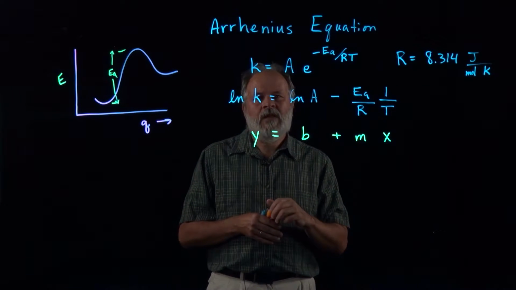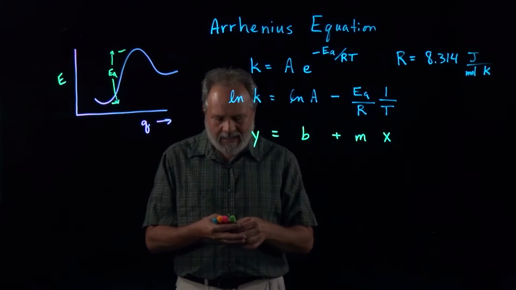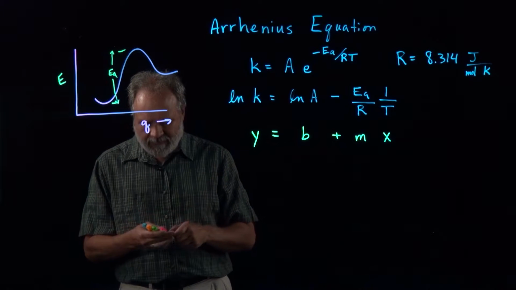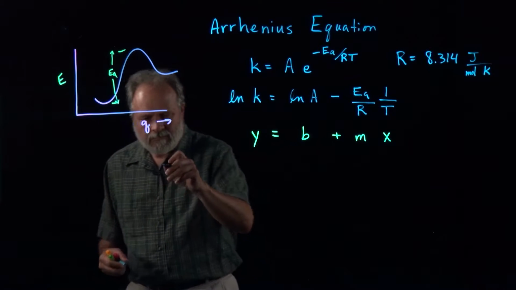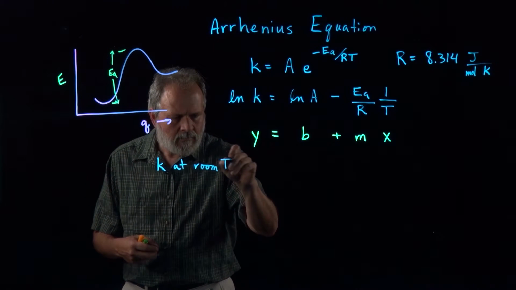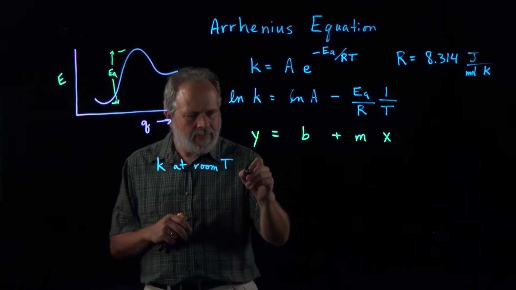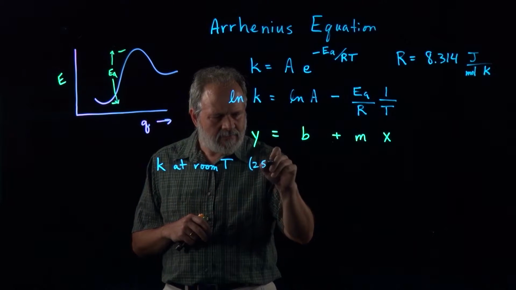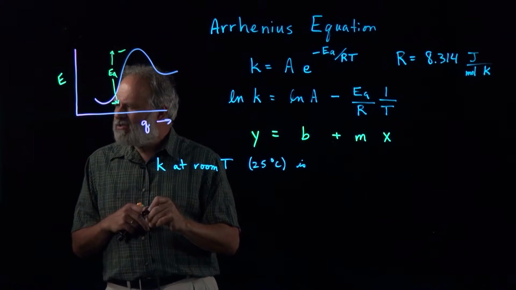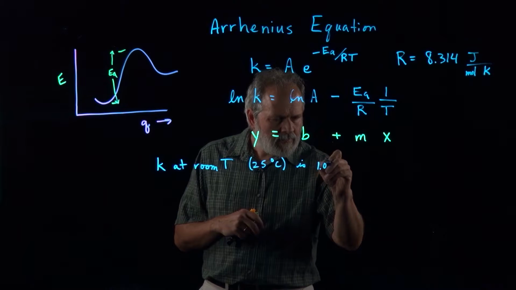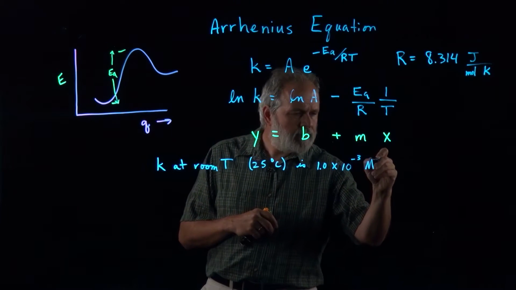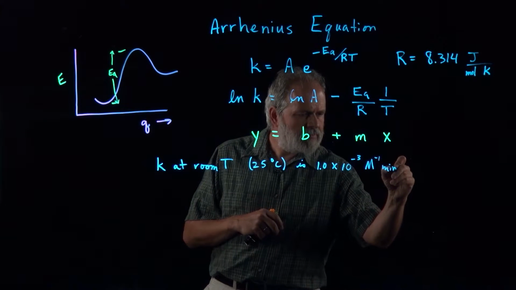So we're going to say, okay, let's say we have a chemical reaction and the rate constant at room temperature, and I'll just abbreviate temperature by T, and that's 25 Celsius, is 1 times 10 to the minus 3 molar minus 1 minute minus 1.